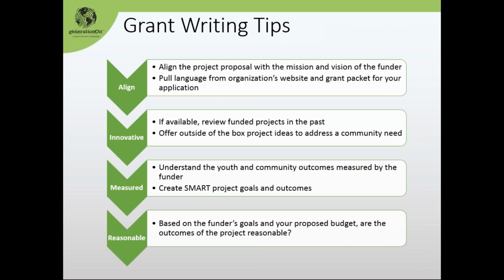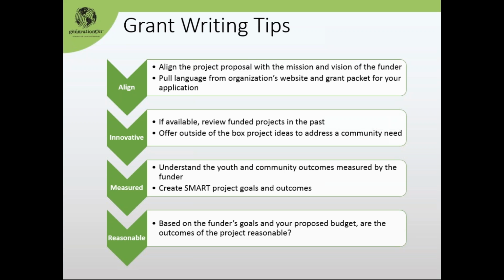All right, so let's get into grant writing. I've come up with these 4 tips based on the areas where I've seen people make the most mistakes when reviewing grants. And this is not only in Generation On grants, but also in the Peace Corps.